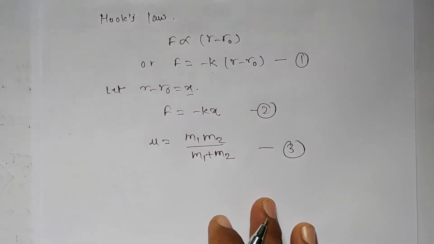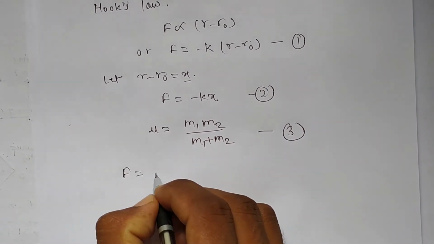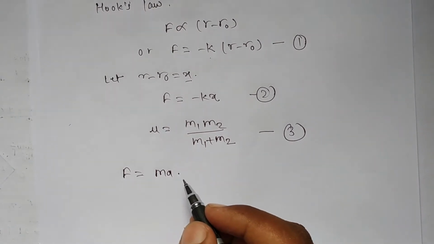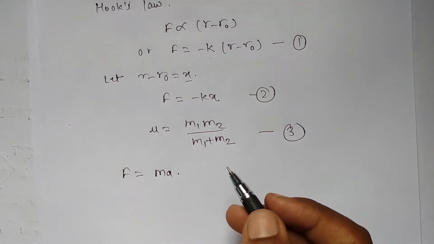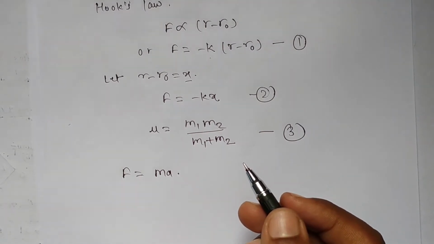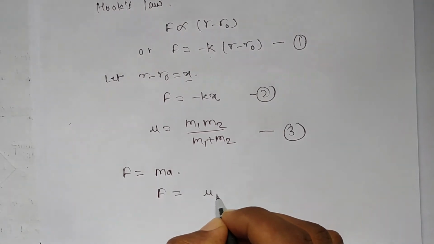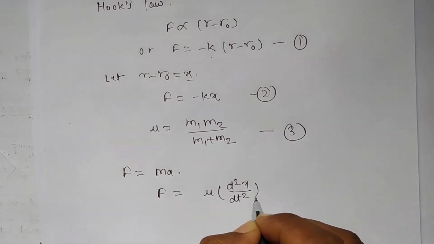Now, according to Newton's second law of motion, F is equal to ma, where m is the mass of the diatomic molecule and a is the acceleration, which is the double derivative of the displacement. That means we can write F is equal to mu d square x upon dt square.